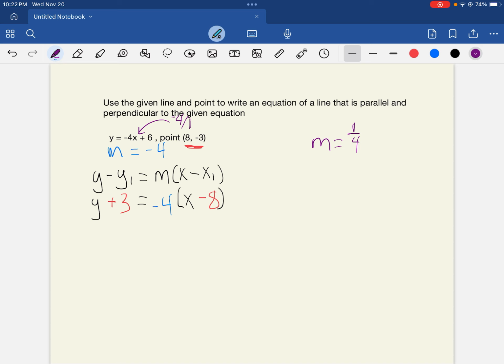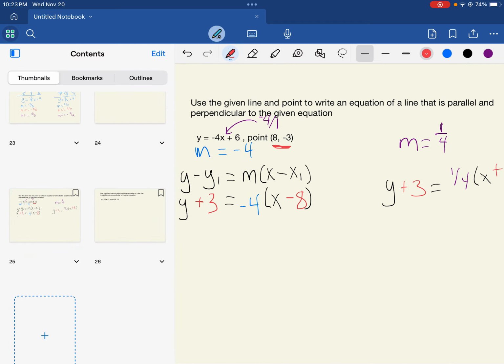So when I flip it, it becomes 1/4. Everything else is going to stay the same. That point doesn't change in this problem. My slope will be a different number. But otherwise, the equation of a line that goes through the point 8 comma negative 3 and is perpendicular to our original equation is going to be y plus 3 is equal to 1/4 times the quantity x plus 8.